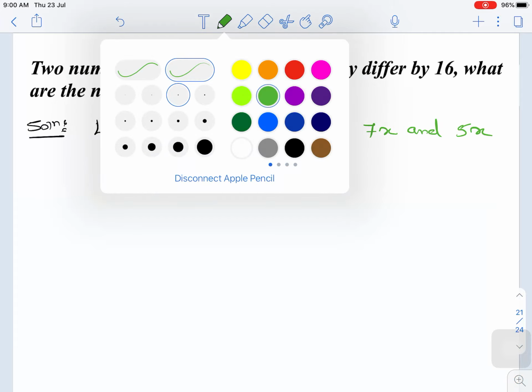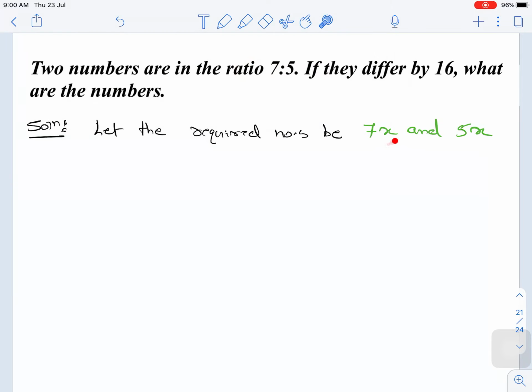Now why have we written this x? I told you that if they are given in terms of ratio, we should have some common multiple between them. So this is that common number between them. Is it clear? So now we have 7x and 5x. It is decided that 7x is our first number and 5x is our second number.